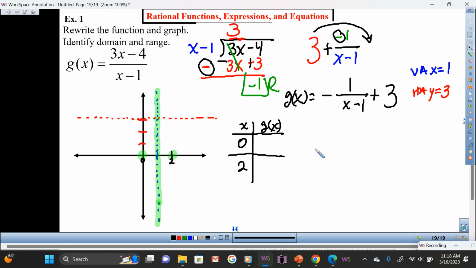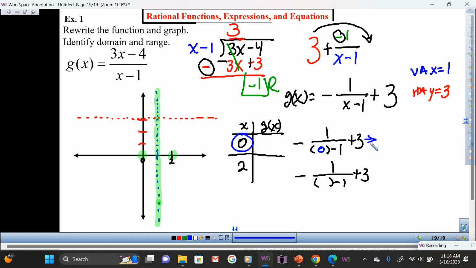Yep. So I'm going to write this right here next to the 0 so we can do the substitution. And I'm going to write it again for the 2. So here we go. My first value, 0.